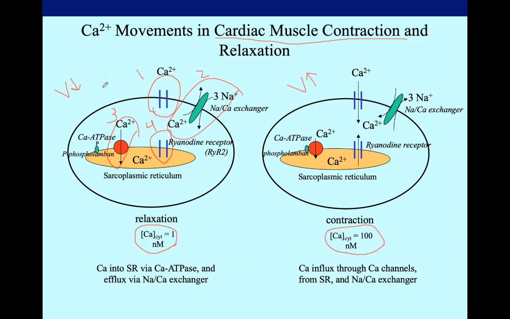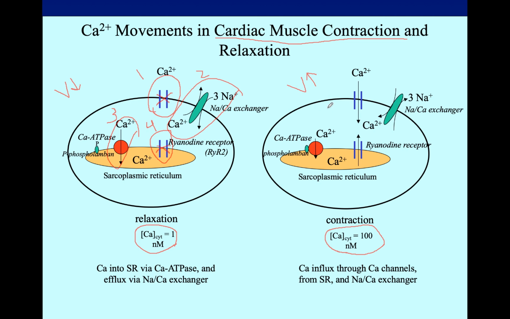So in a cell at rest, when the voltage is low, that means you don't have a depolarization running through the cell. You have 2 calcium channels here, and both calcium channels are closed. Now, normally calcium is found in high concentrations in the extracellular fluid and in the SR. So when these channels are open, calcium generally wants to leave the SR and go into the cytoplasm, or go from ECF down into ICF.